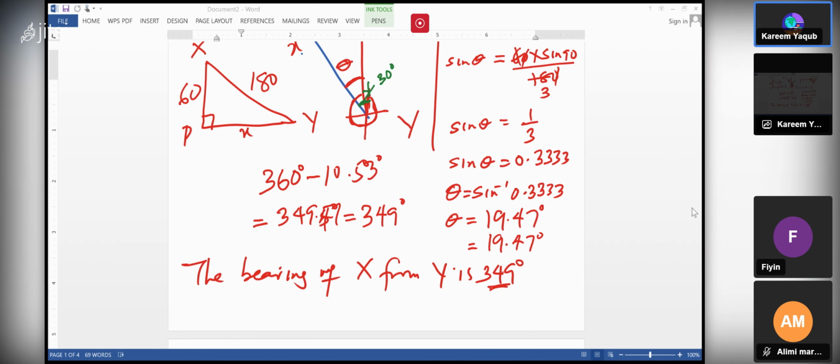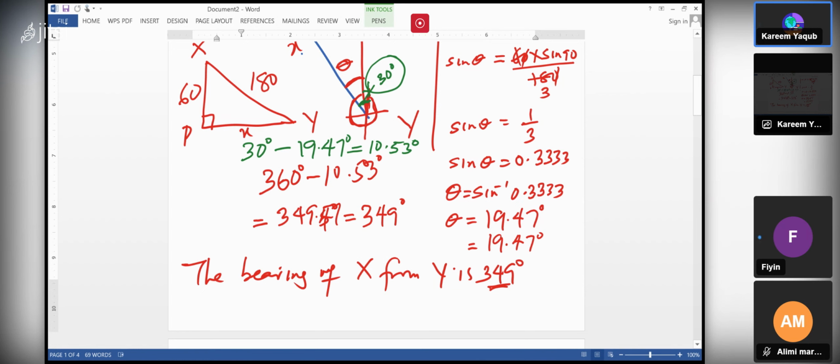Let me show you now. Oh, I've erased it. Sorry for that. So I got it by subtracting 30 degrees minus 19.47 degrees, and that gives 10.53 degrees.